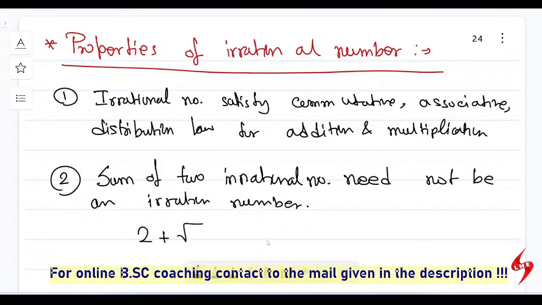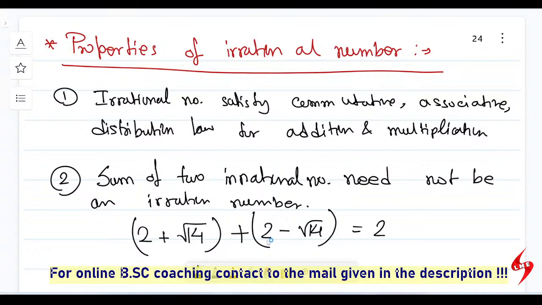Like 2 plus root 40 and 2 minus root 40, then definitely that will be 4, so it is rational.